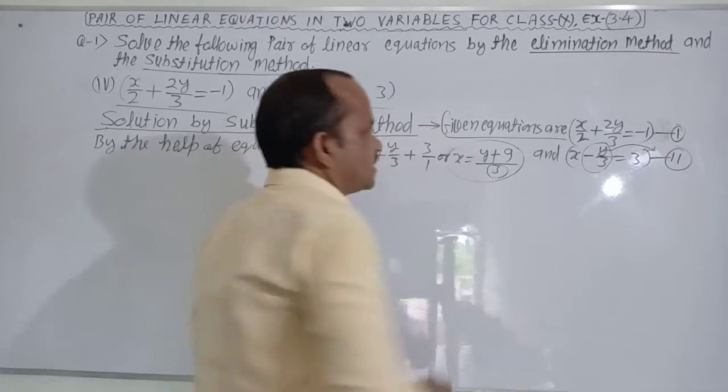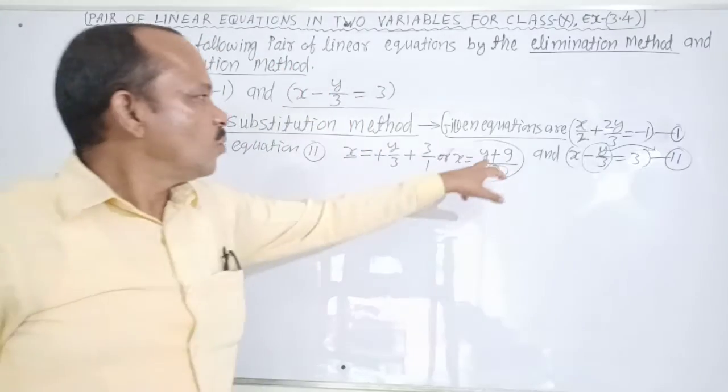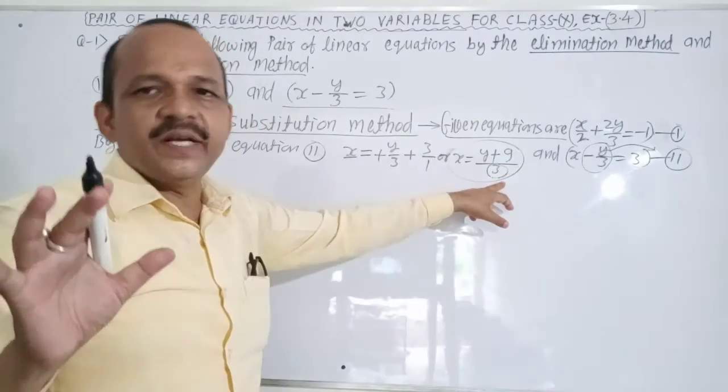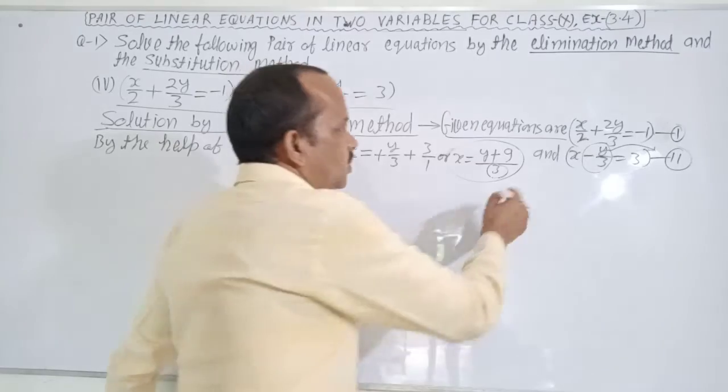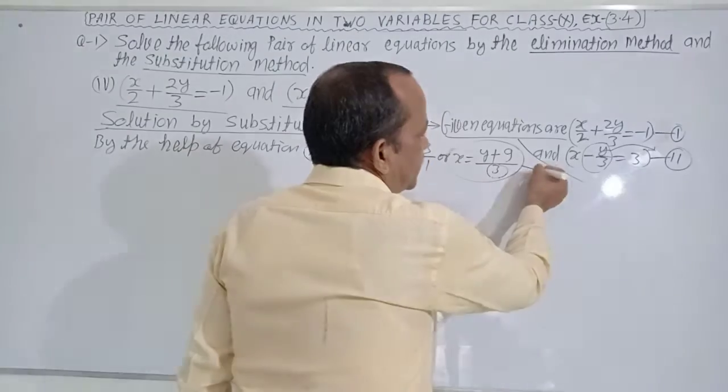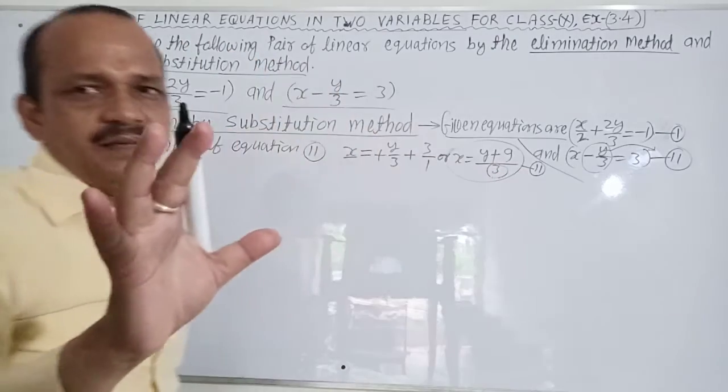You find x equal to y plus 9 by 3. It is your equation second.